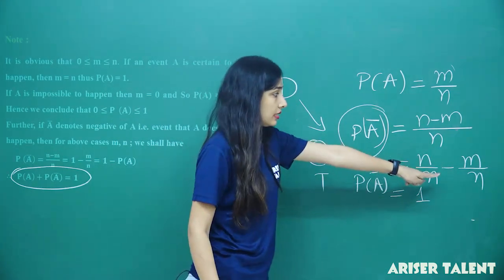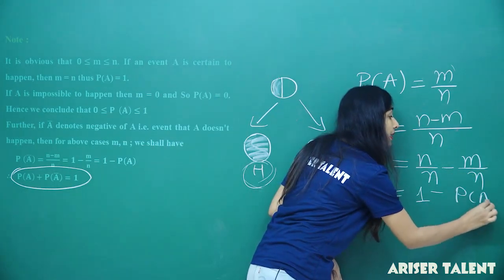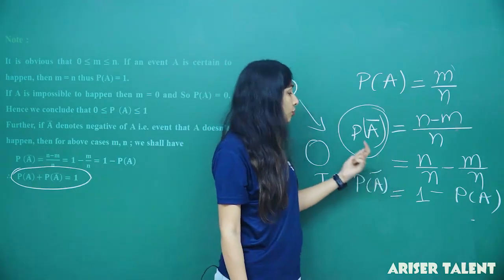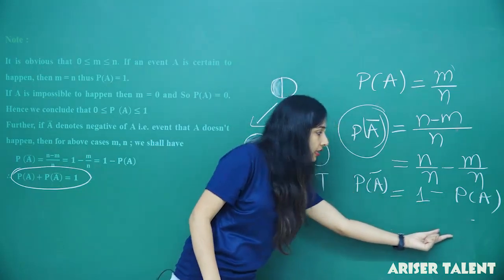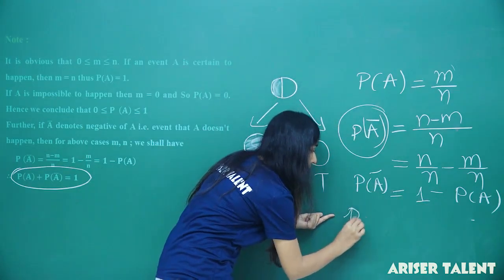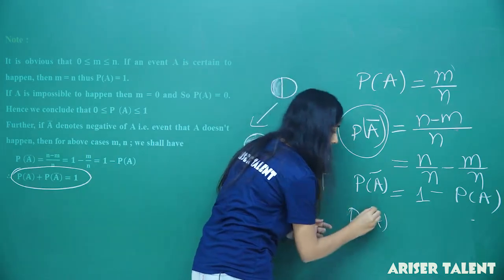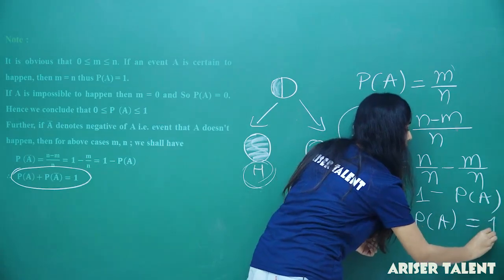Now what is this? This is a very familiar expression, that is P(A). Remember, P(A) is equal to m by n, simple. So now we have this expression and we will just take it here. So P(A bar) and P(A), sorry guys, that will be equal to 1.